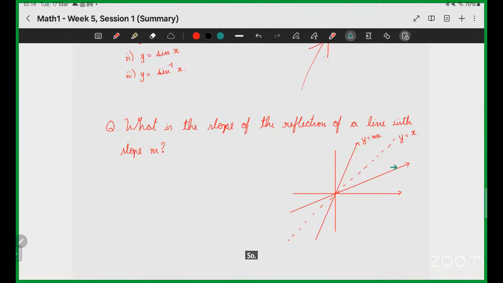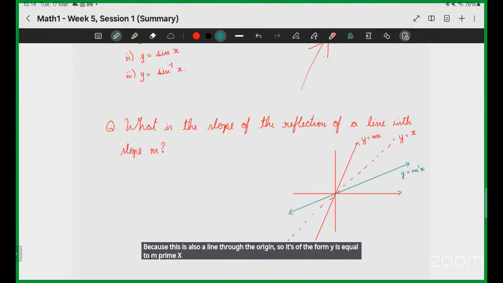So this line in the new color is the reflection of the line y is equal to mx, and it is y is equal to some m prime x, because this is also a line through the origin, so it's of the form y is equal to m prime x. What is the relationship between m and m prime? Can you determine?